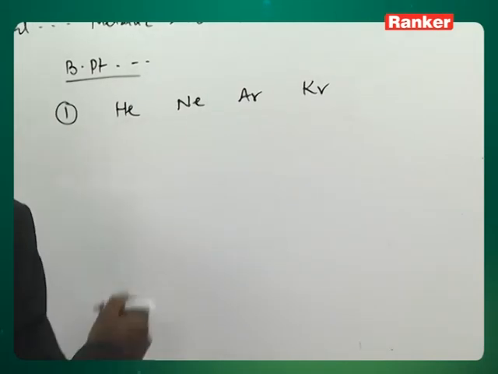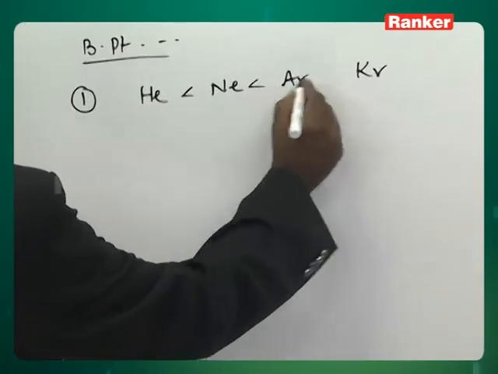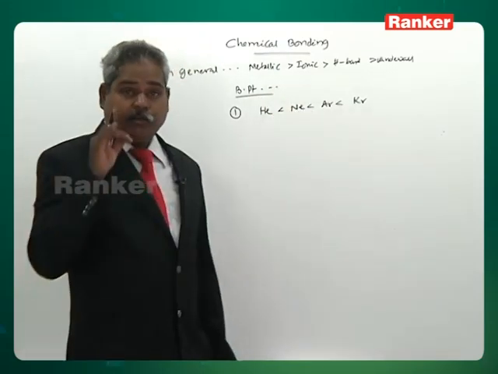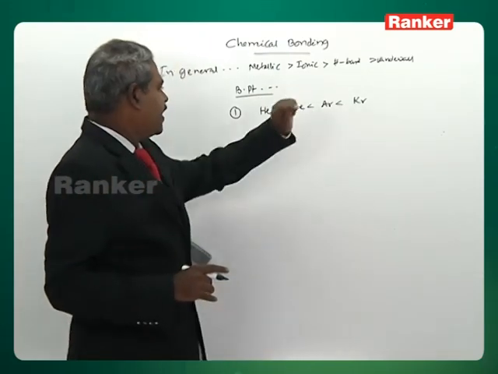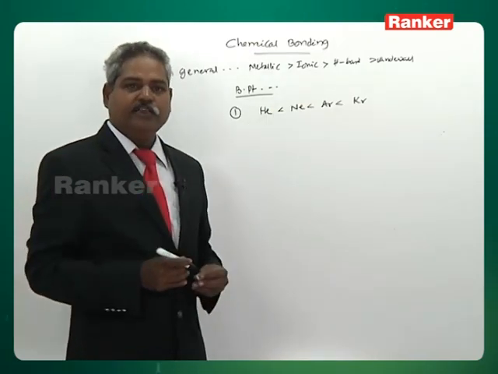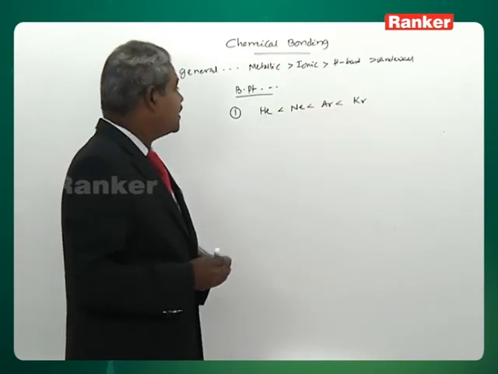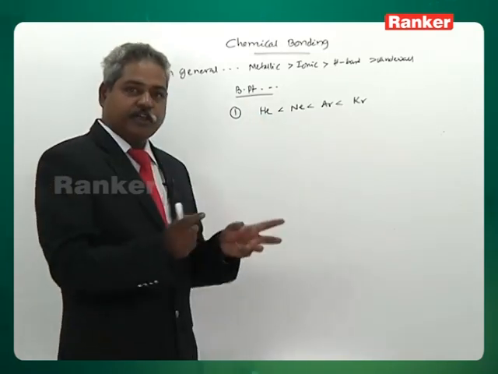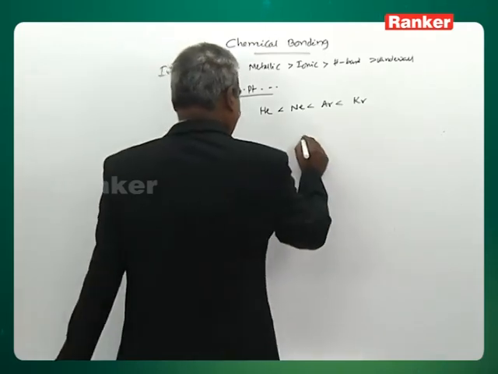So, boiling point of helium is less than that of neon, because boiling points in this case, I repeat, in this case are directly proportional to atomic weights. Not in every case they are directly proportional, only in this case, because there is nothing else to distinguish between helium and helium, neon and neon.